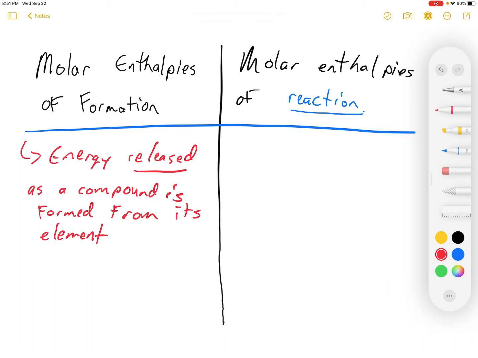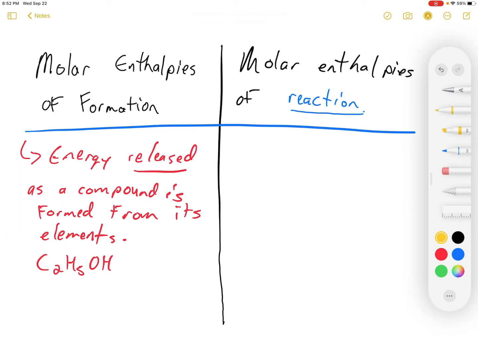So for example, let's say we have the substance C2H5OH, and we want to know the molar enthalpy of formation. It's not a particular organic reaction that we're looking at that makes ethanol over here.